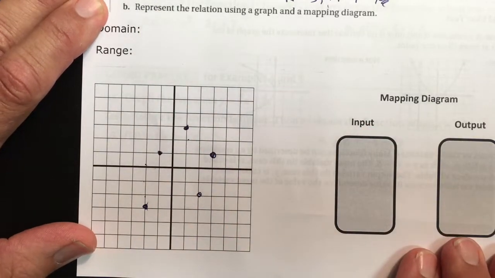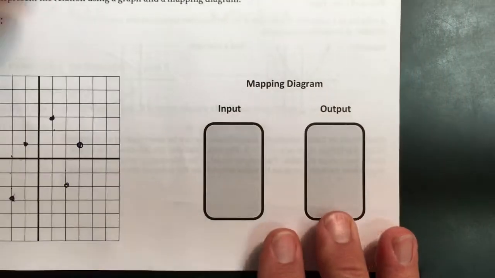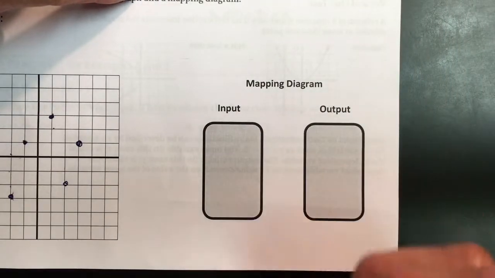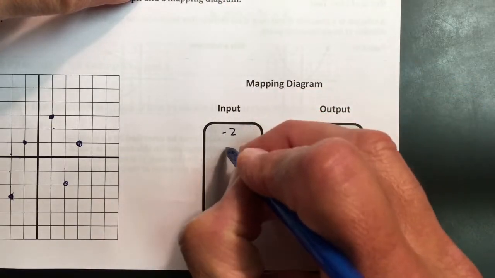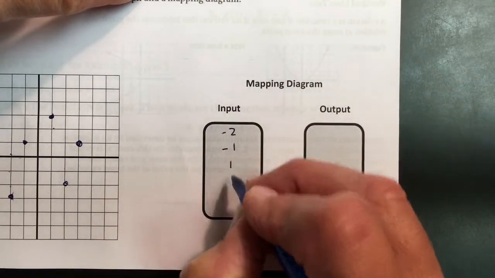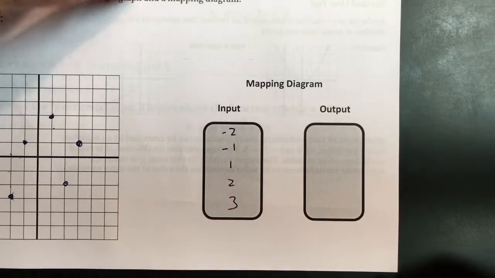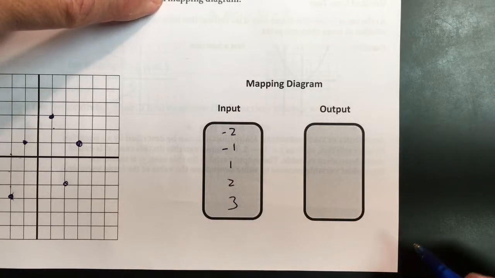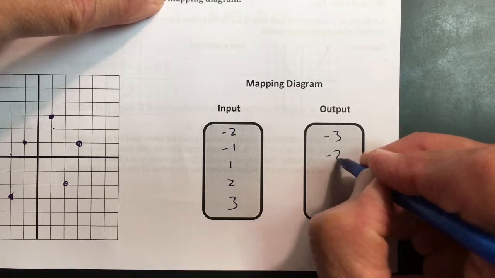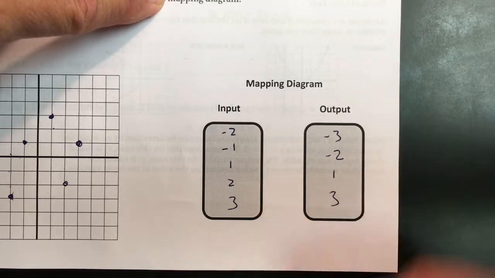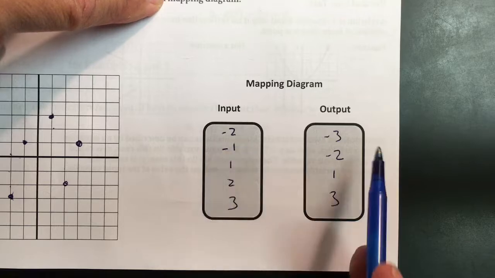And the mapping diagram of the inputs and outputs, I'll put them in order here for us. So we start with -2. In fact, these were in order up here: -2, -1, 1, 2, and 3. The outputs, going to put them in order as well: -3, -2, 1, and 3. Now mapping is actually pointing from input to output.